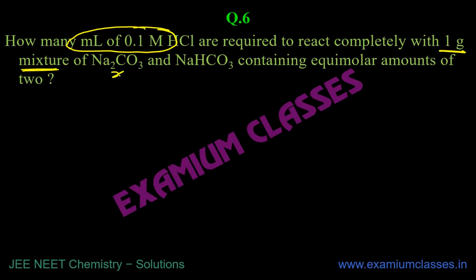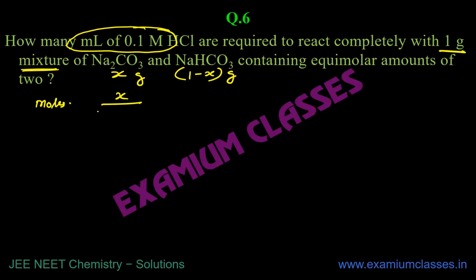So if I say this is x grams, this will be 1 minus x grams. And this x gram is some moles, and this 1 minus x grams will be some moles, but those moles will be equal. So here moles will be x divided by given mass divided by its molar mass.